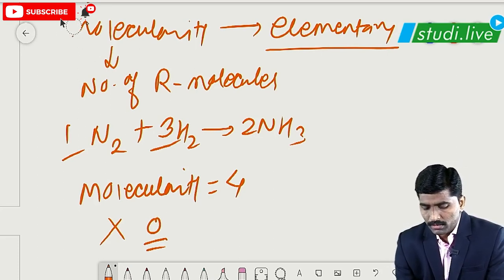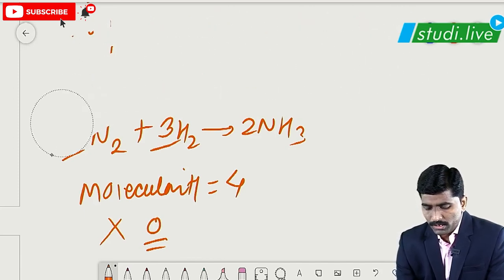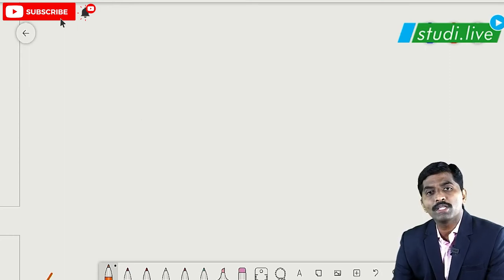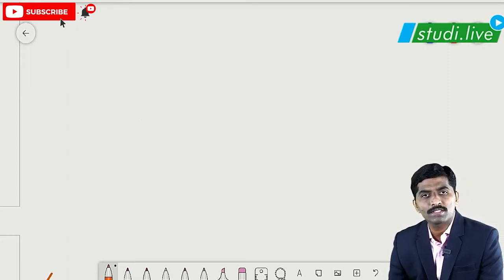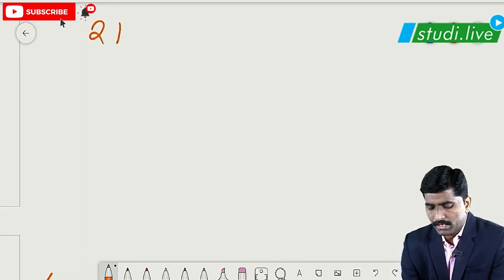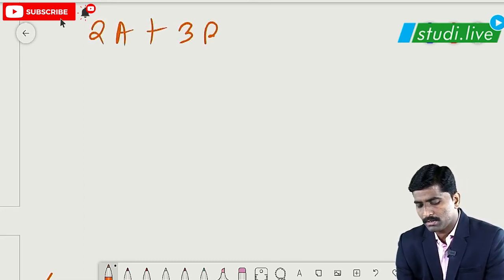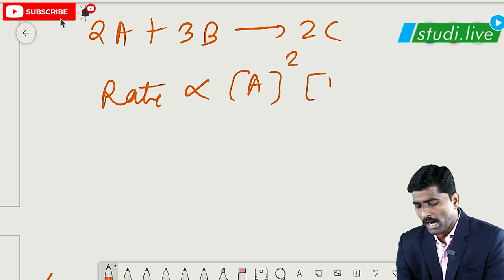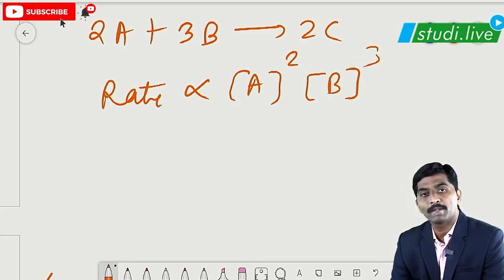After molecularity, what is order? Usually, order is nothing but the number of reactant molecules on whose concentration the rate of reaction depends. Let's say 2A plus 3B giving 2C, I will write rate is proportional to A raised to 2 and B raised to 3, isn't it?